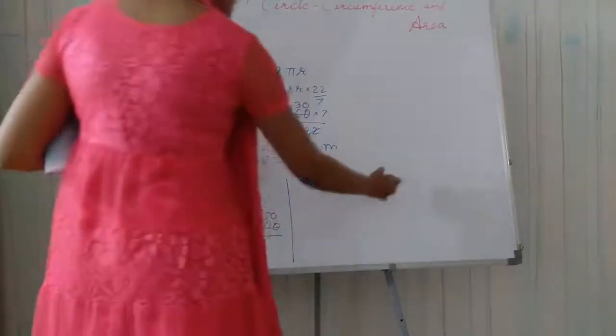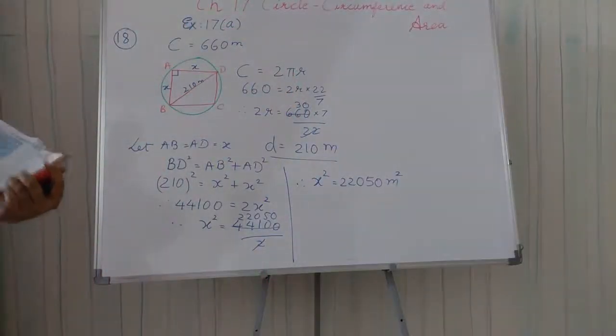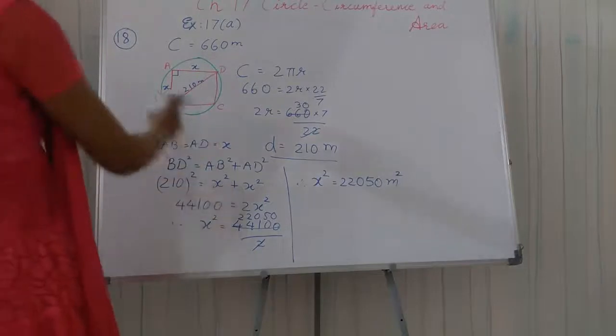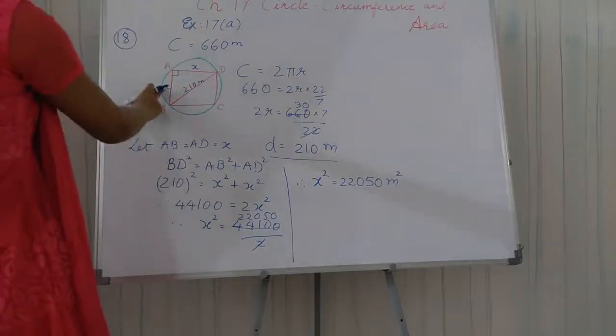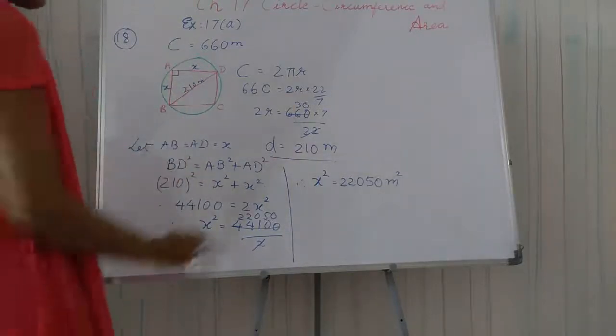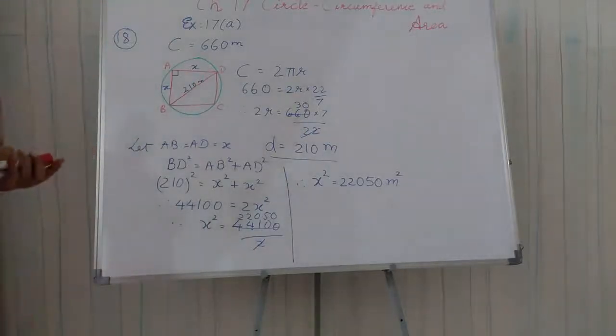Actually, this is our final answer. How? Because you see that we are asked the area of the square, and the area of the square formula is side square, and side we have taken as x, and its square we have already got here. So this is our final answer.